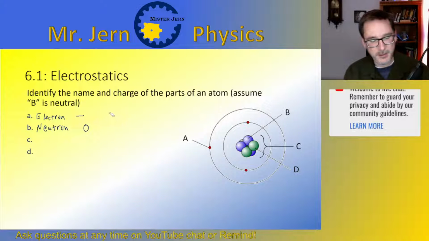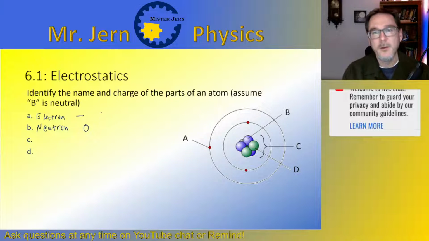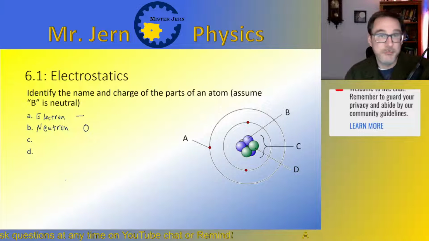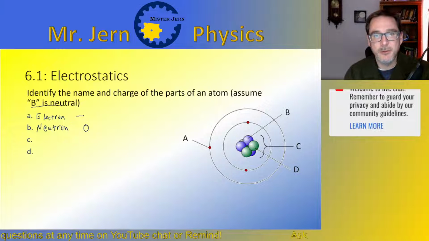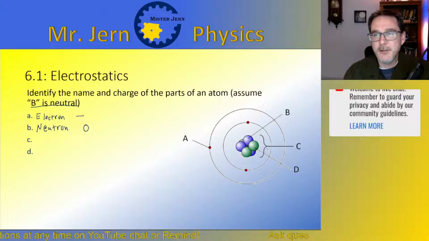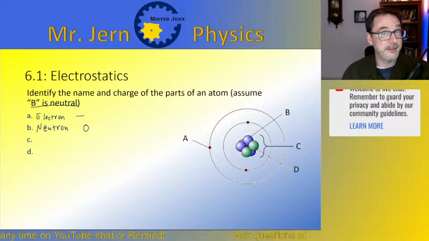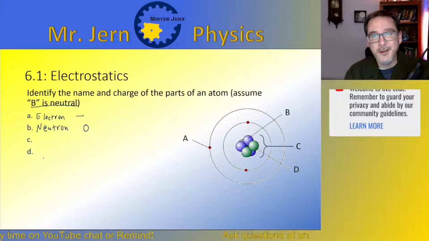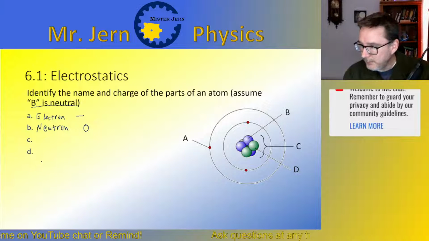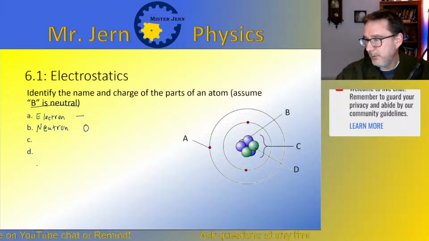So that is going to be our neutron, and neutral. Okay, it says B is neutral. That's how I knew. So going down the line, let's just skip letter C for a moment because letter D is pointing to its own little thing there, the green thing in the middle, the thing that's not neutral.